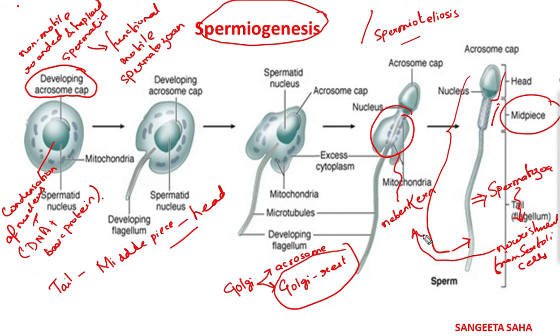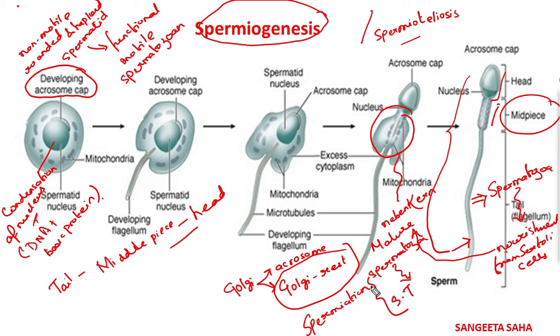When this matured spermatozoa get released into the lumen of the seminiferous tubules, this process is known as spermiation.